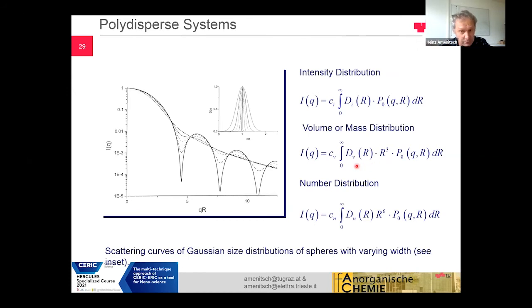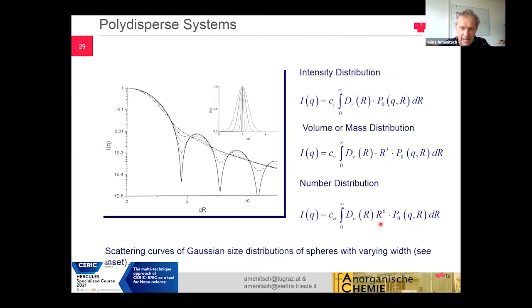And if you go now to the number distribution, which is the distribution you get if you look at a cross-sectional TEM image, where you count the number of particles of a certain size, things become even more complicated. Because in this case, the intensity of the particle scales with the 6th power of the radius.